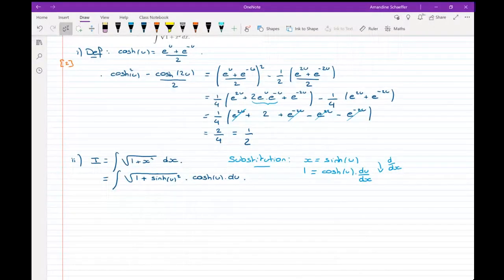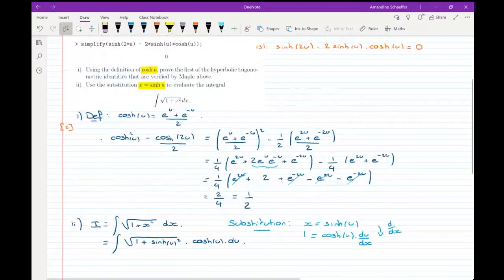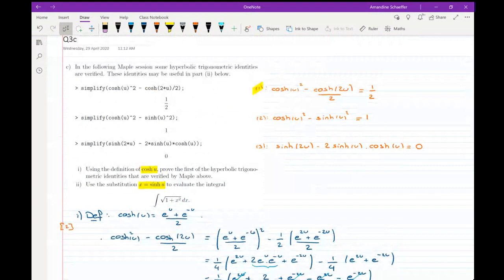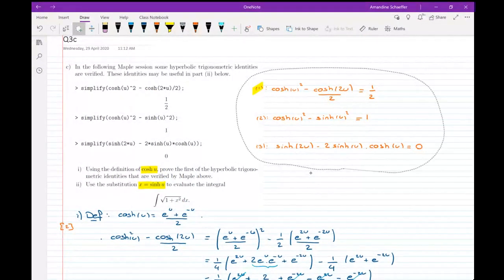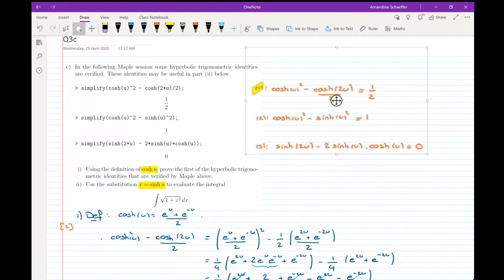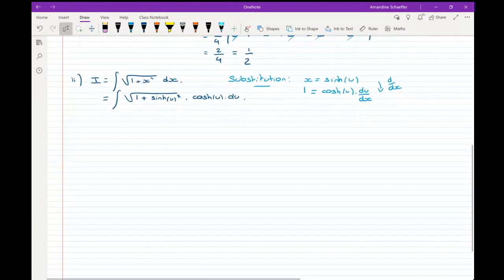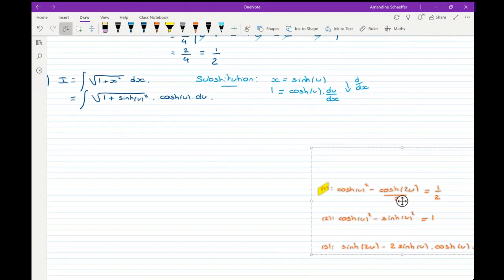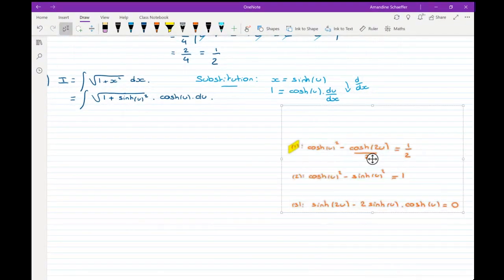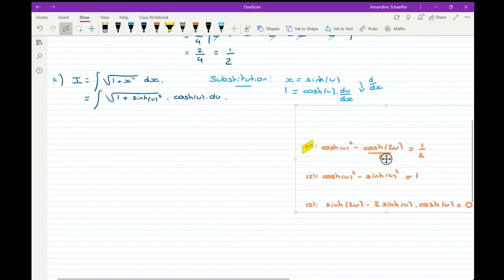Now there's a chance that we're going to need to use everything there, so I'm going to copy them up and write them on the side. This is all the hints that we have for this question from Maple.